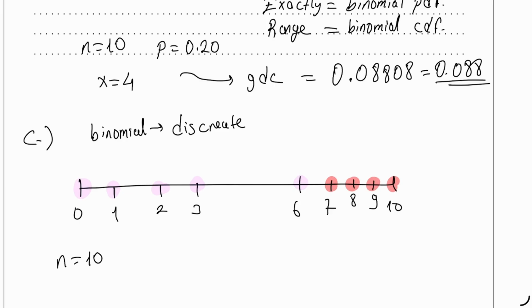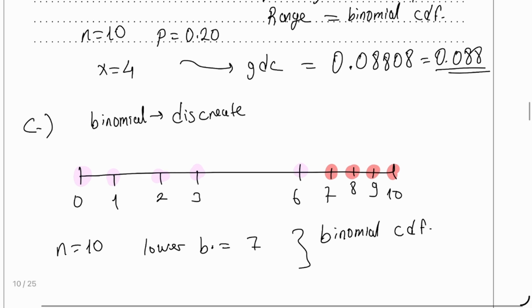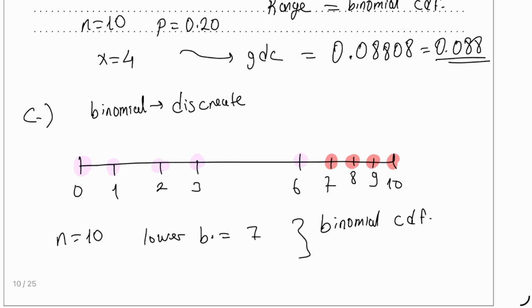So lower bound equals 7. Guys, this is a range, right? So we need to do binomial CDF in our calculator. Lower bound 7, upper bound at most 10 people.